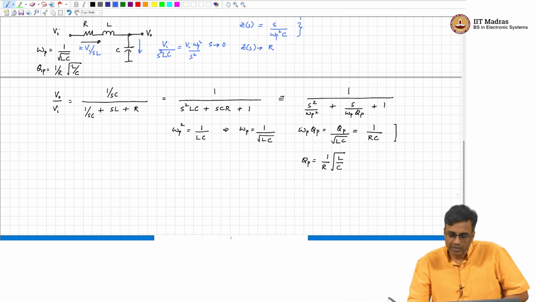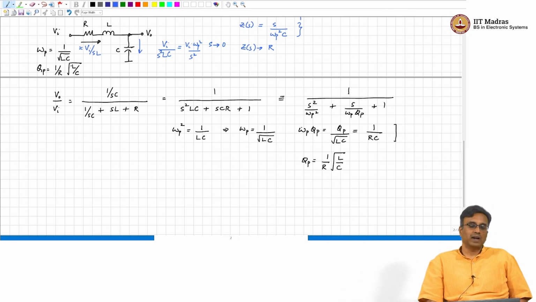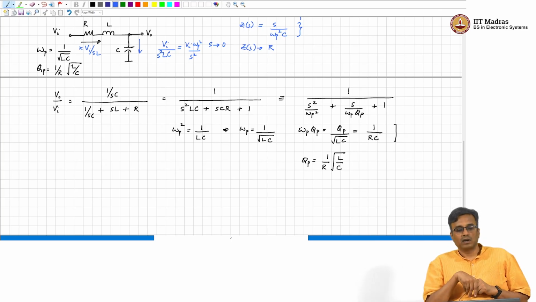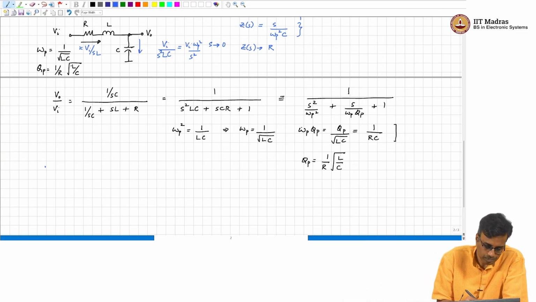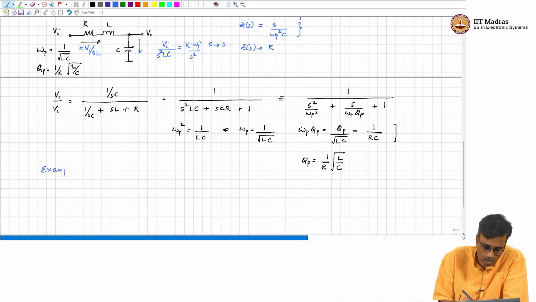Besides, let us say you are trying to realize a filter. Let us say, for example, omega naught is 2 pi into 20 kilohertz, which is approximately 120 into 10 power 3 radian per second.